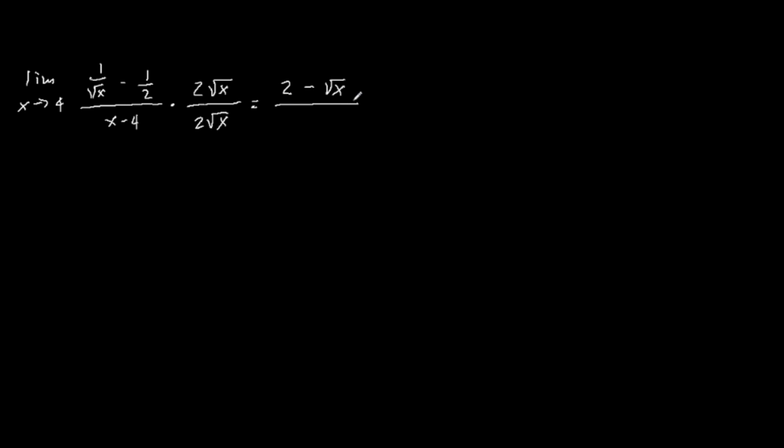And then we divide by, just copy the denominator, which is (x minus 4)(2 square root of x).